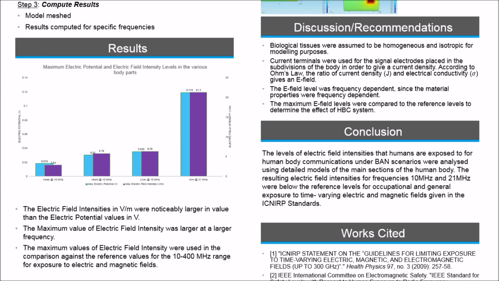According to Ohm's law, the current density J, provided by the current terminals, and the electrical conductivity sigma of the electrodes and the tissues resulted in a generated E field. The E field level became frequency dependent, seeing that it is related to frequency dependent material properties. And these maximum E field levels are compared with the reference levels to see the effect of the HBC system on the body.